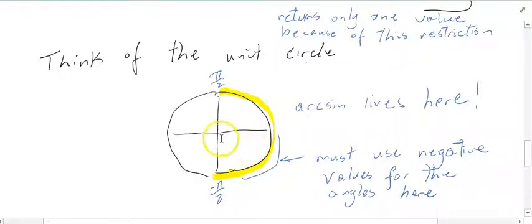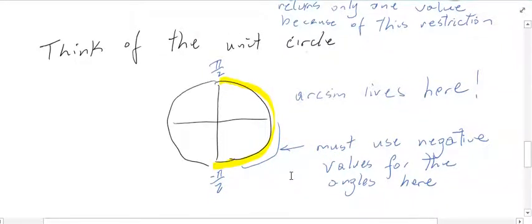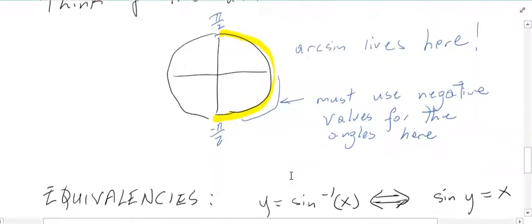However, whereas in quadrant 4, we also had positive angles, like from 3pi/2 to 2 pi, here, when we're talking about inverse sine or sine inverse, we'll only be referring to angles -pi/2 to 0. So the angles here in quadrant 4 will all be negative. Okay, so we use the negative values instead of the high positive values.